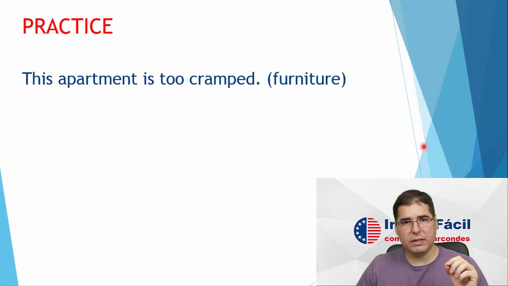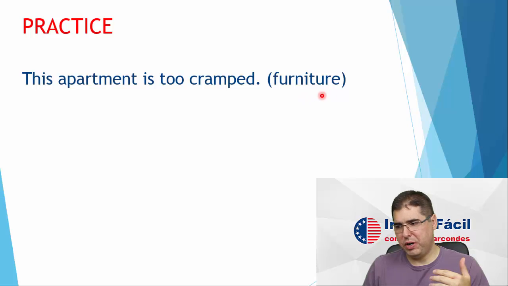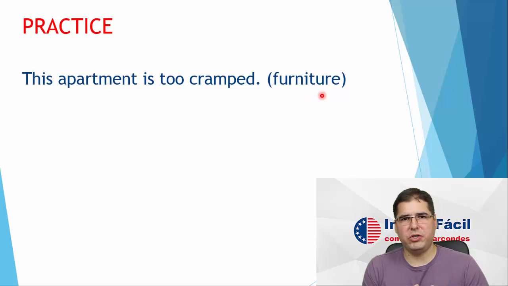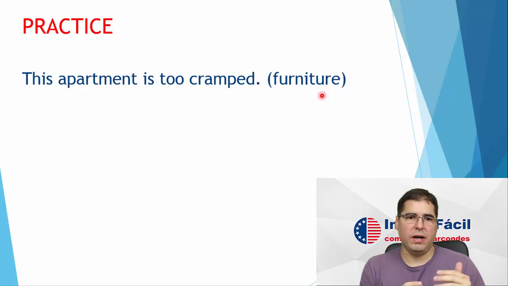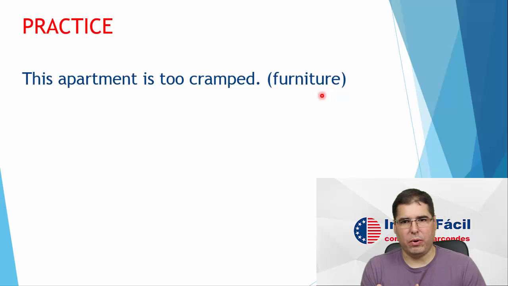Now, this apartment is too cramped. So now I want to use furniture. So if we are going to use furniture with too, furniture is a noun. We have to think first, is furniture countable or uncountable? And furniture is uncountable. I cannot count furniture.